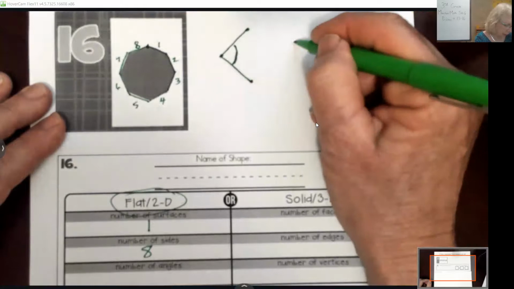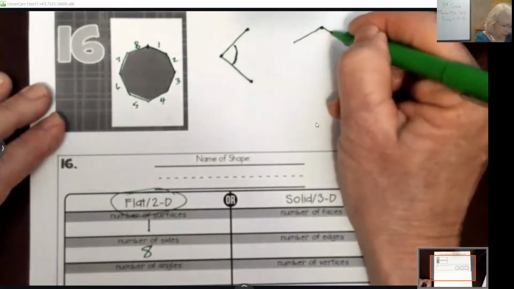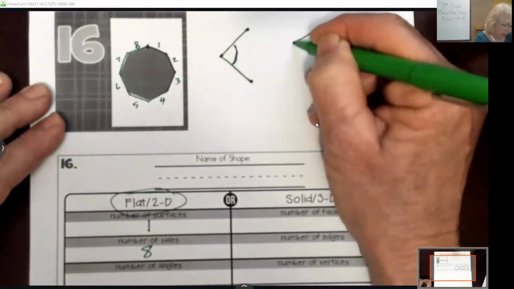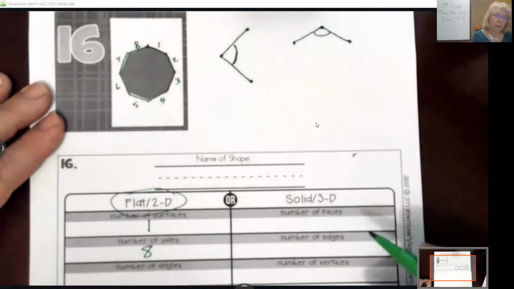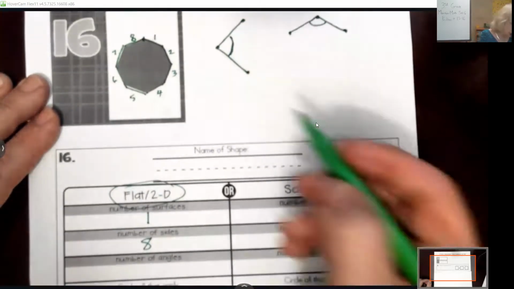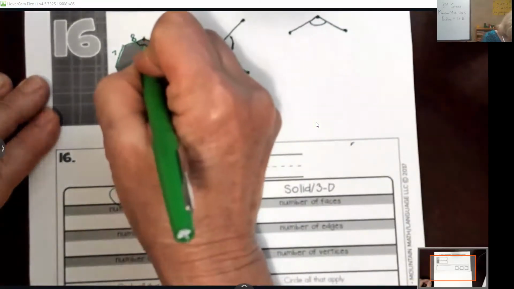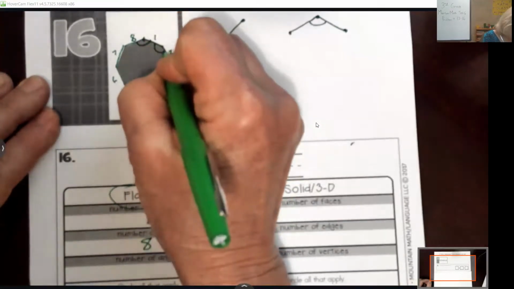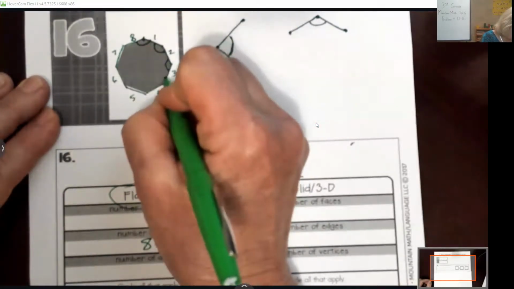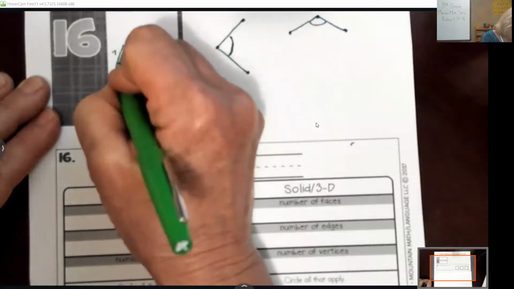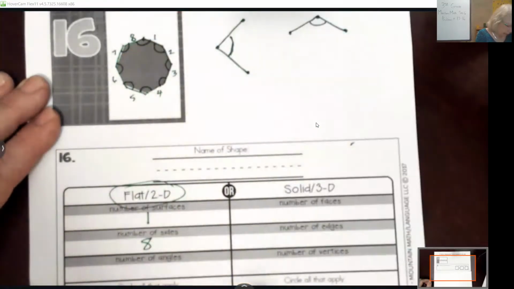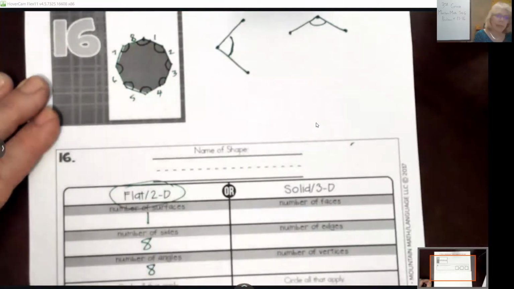It could also be in this orientation, and that is my angle. So watch where the angles are on this flat shape. They're right here. 1, 2, 3, 4, 5, 6, 7, 8. So I have 8 angles and 8 sides.